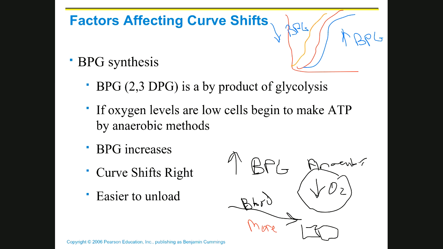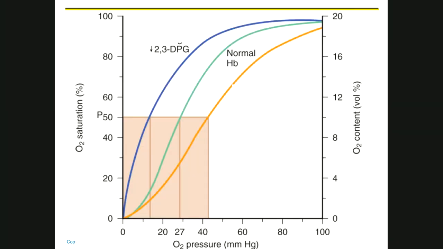Over here. So if I look at that graph, you can see it. So there's normal. There is shift to the right. I have more BPG.